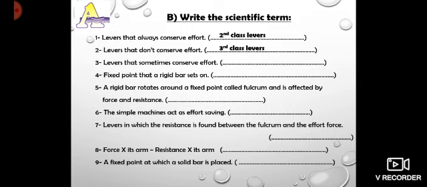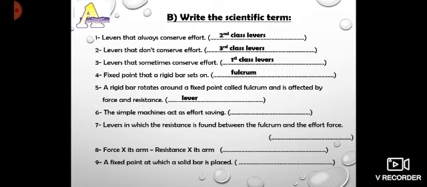Levers that sometimes conserve effort. First class levers. 4. The fixed point that a rigid bar sits on. It's the fulcrum. 5. A rigid bar rotates around a fixed point called fulcrum and is affected by force and resistance. It's the lever.